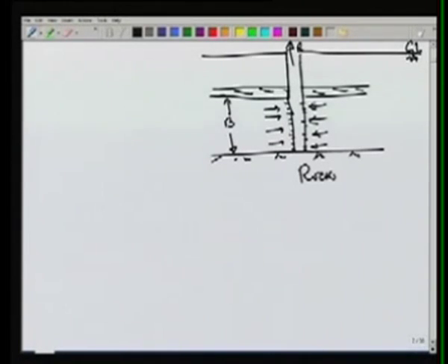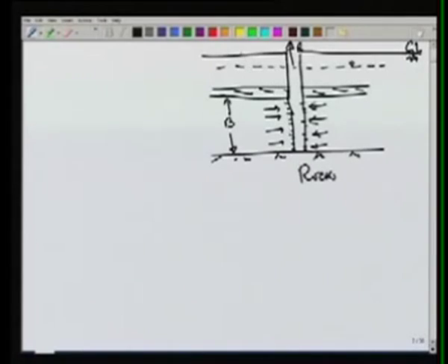and the conditions are typically, when we start the pumping, we can assume that the piezometric surface is horizontal. So before the start of the pumping, the water level in any piezometer we put here, we assume that it is horizontal.